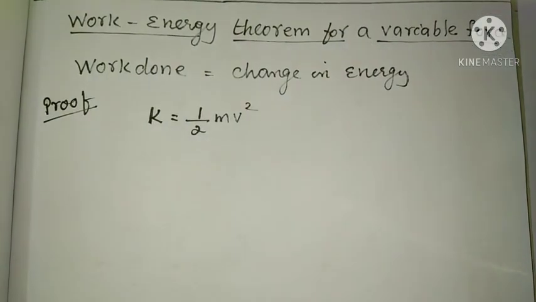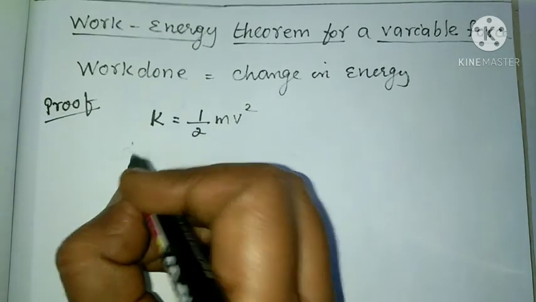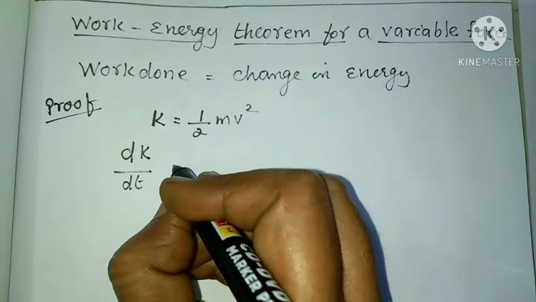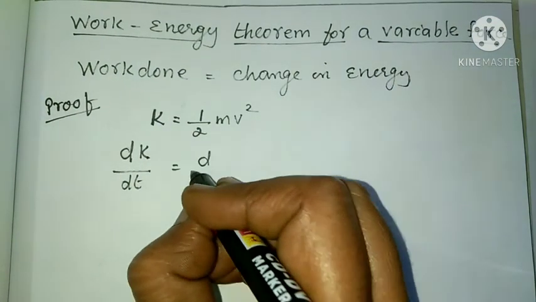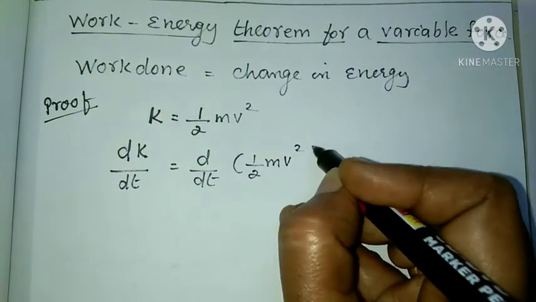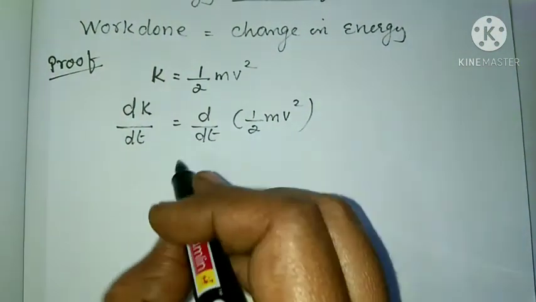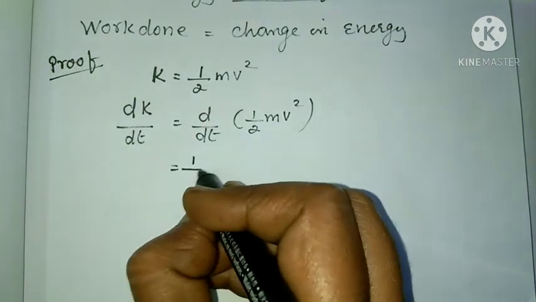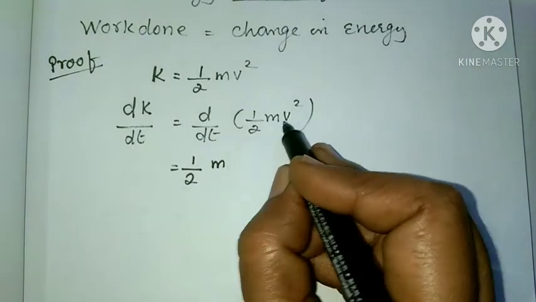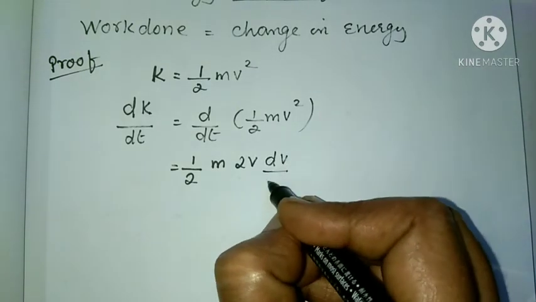Then we can differentiate both sides, that is, kinetic energy changing with time. So we can write dK by dt equal to d by dt of half mv square. Then we differentiate: half into m, that is constant, then d by dt of v square equals 2v into dv by dt.